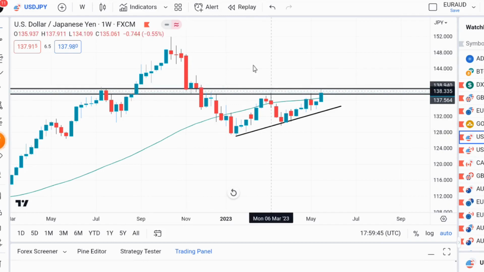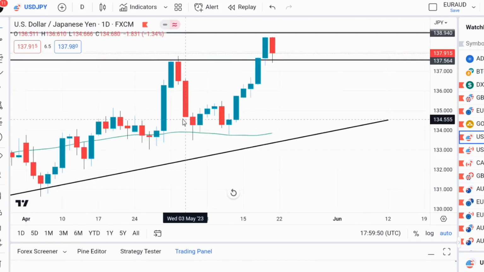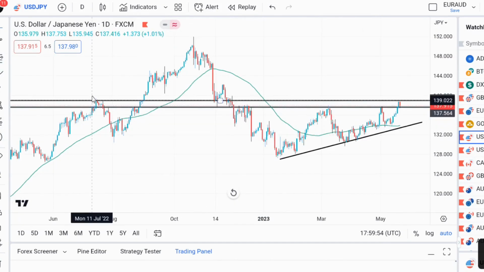So if you come back to the daily time frame, you can see that this level is a very strong level, and we have a rejection at that particular level after breaking this level here. Break this level, then we have a rejection at this level.